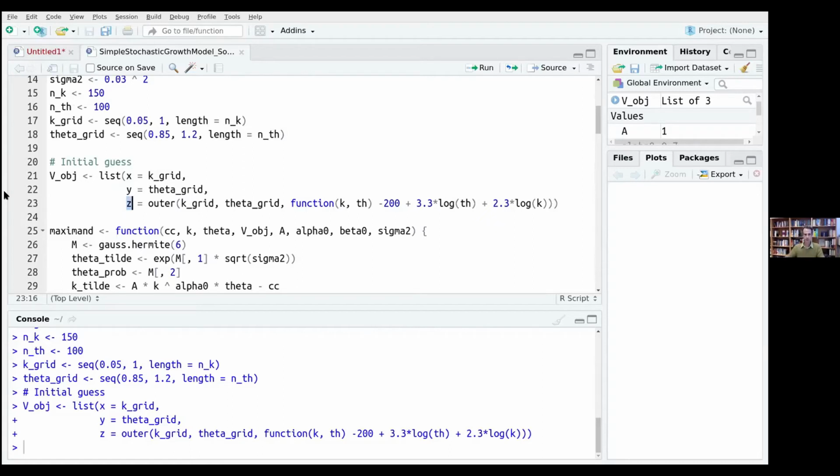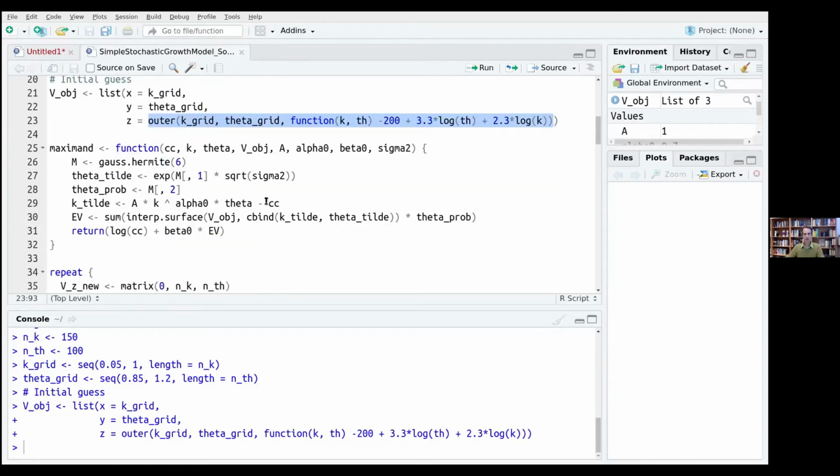Okay. And remember, this could also be just a matrix of zeros. But here it's close to the true solution. But this is really just to speed things up a bit. So just ignore line 23.